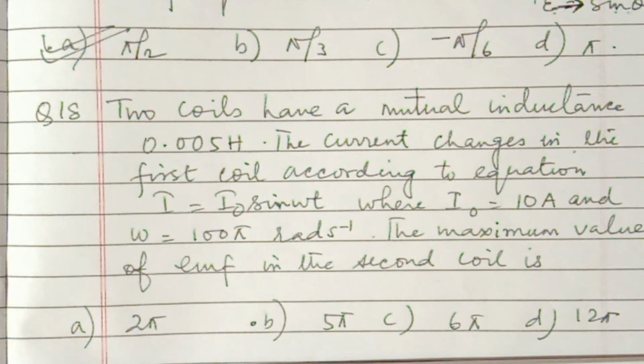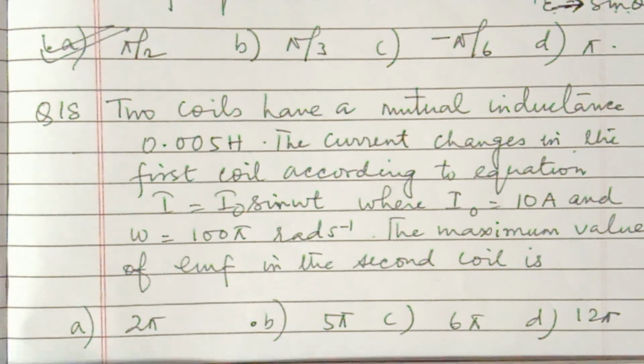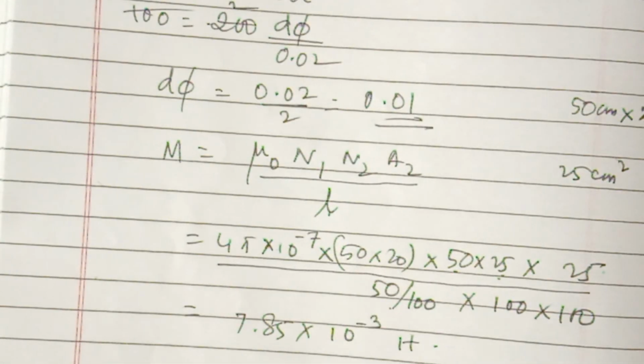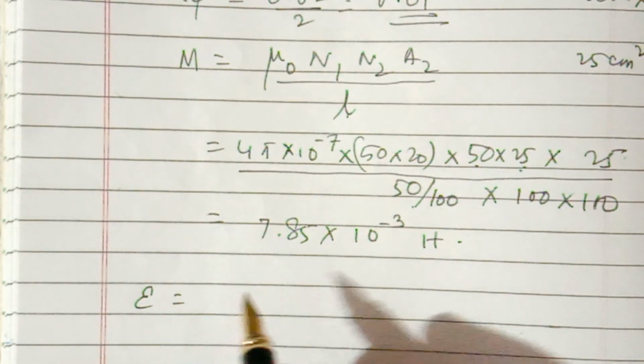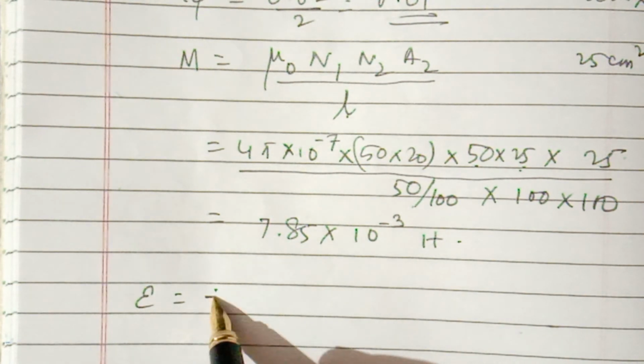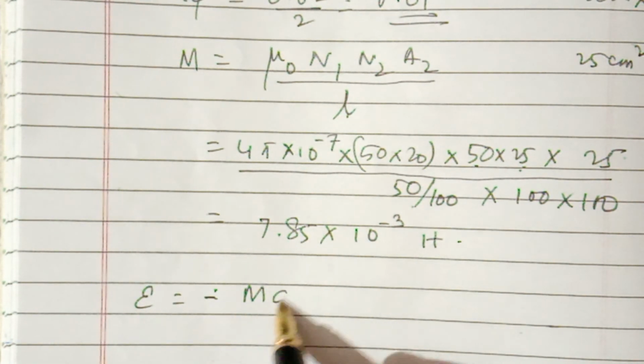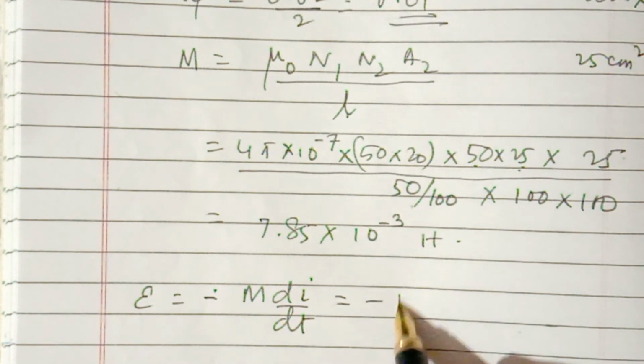So this is again a question of mutual induction. Then we can use the formula E is equal to minus M di by dt.